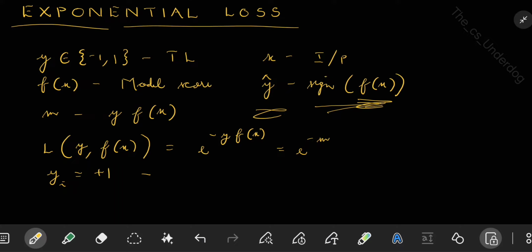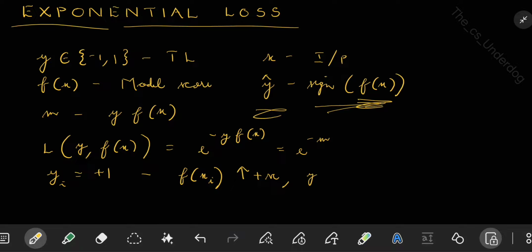First case is that your f of xi, whatever your model gave, is large and positive. If this is the case, then what will be the value of margin, that is yi into f of xi?